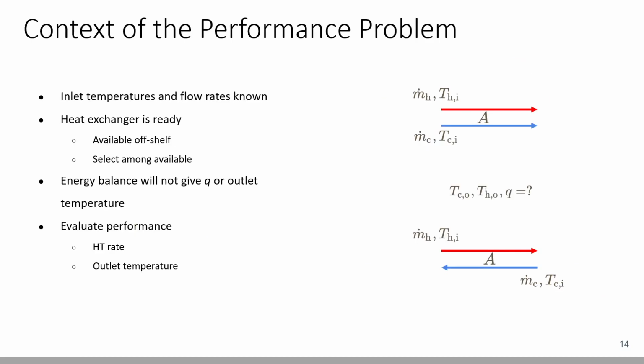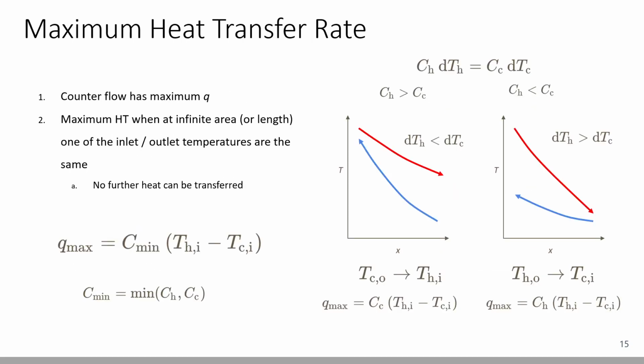Then, in order to characterize the performance of the heat exchanger, we can define this Q max, that is the maximum possible heat exchange that can occur through the heat exchanger, by this equation, that is C minimum. C minimum is nothing but the minimum of CH and CC, where CC is the mass flow rate of the cold fluid times the heat capacity of the cold fluid.